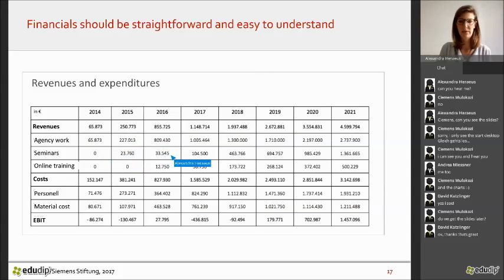And you can see that it's very easy to comprehend where the revenues are coming from, how they sum up. The costs, again, differentiated between personnel and material cost. That can be a little more detailed if you need to, but it's most often not very necessary. And then an EBIT, and that's it.